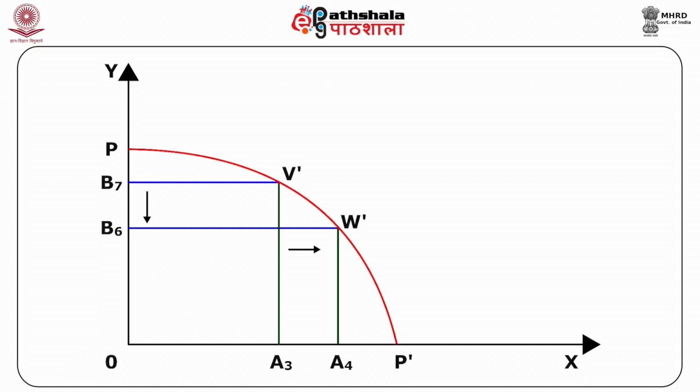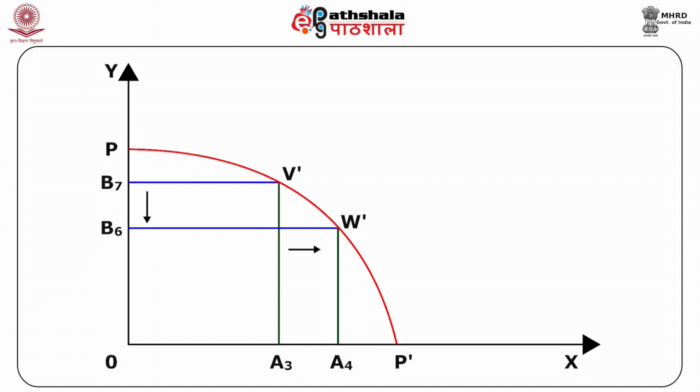Now, if we were to join the points V prime and W prime, as we have just said, because of increasing cost or because of the convexity of the isoquants, what we find is that the relationship between V prime and W prime is nonlinear.